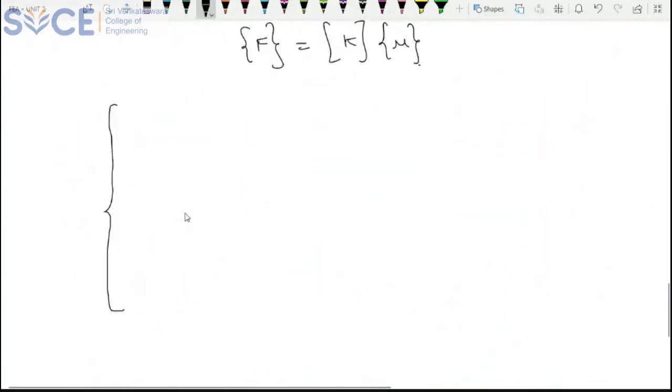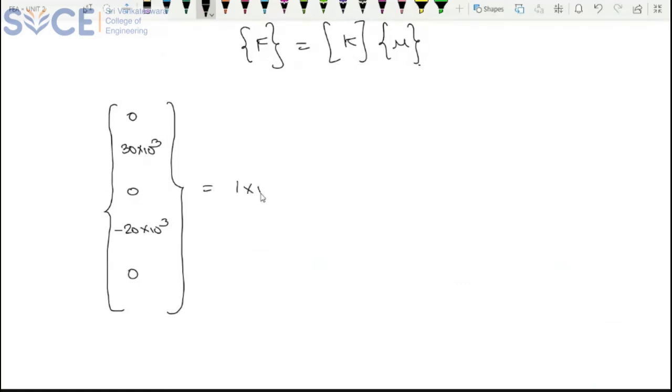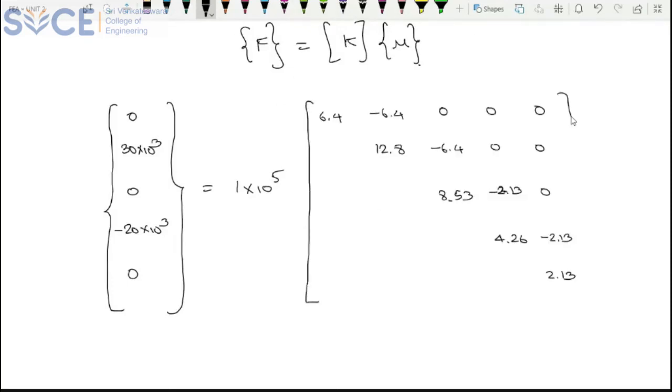So this is 0. This is 30 into 10 power 3. This is 0. This is minus 20 into 10 power 3. And this is 0. 1, 2, 3, 4, 5. So this is my F term, force. So now 1 into 10 power 5, your stiffness matrix. Stiffness. So this part.